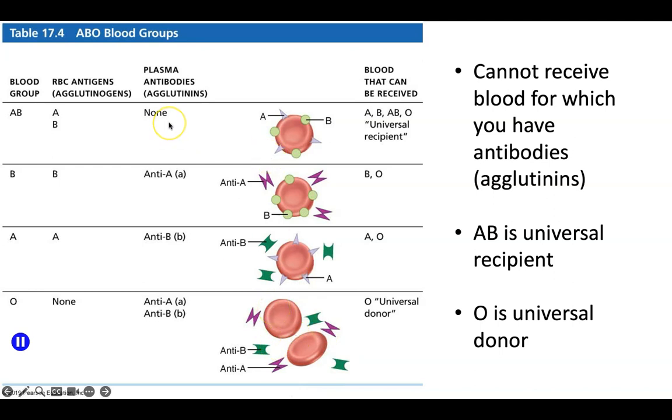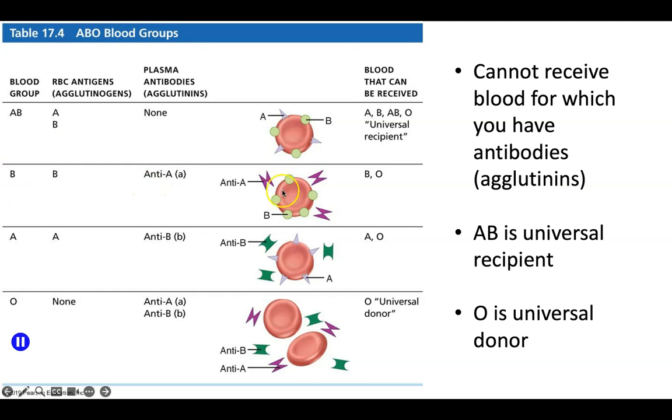So what more does that mean is that if you developed with both types of antigen on the surface of your blood cell, your immune system is not going to form antibodies against either. And that means that you can receive blood from any other blood type. So if you're type AB blood, you are considered a universal recipient.